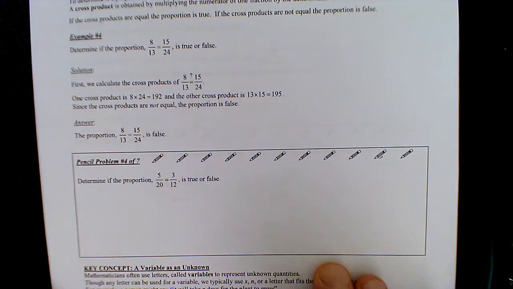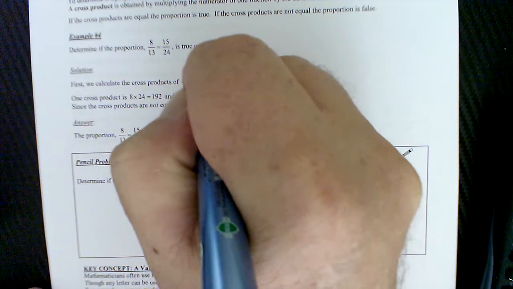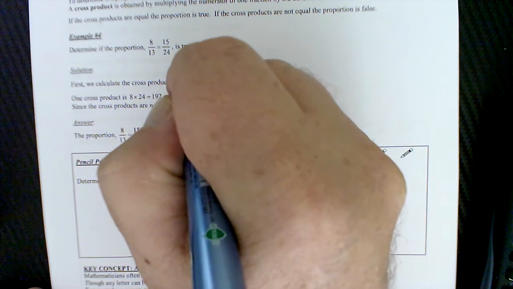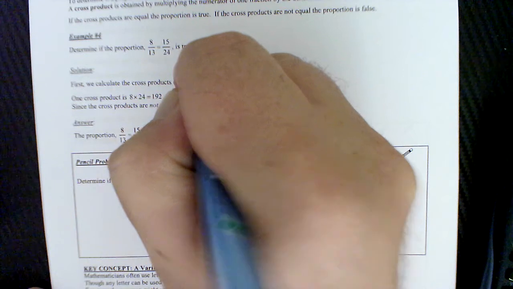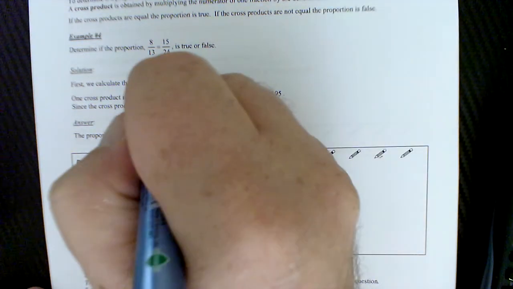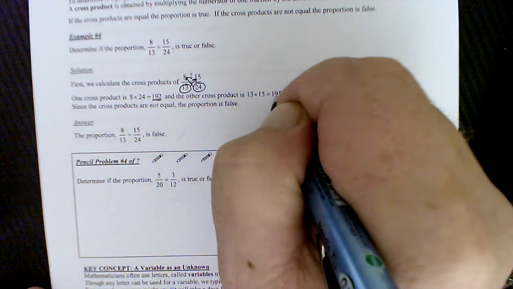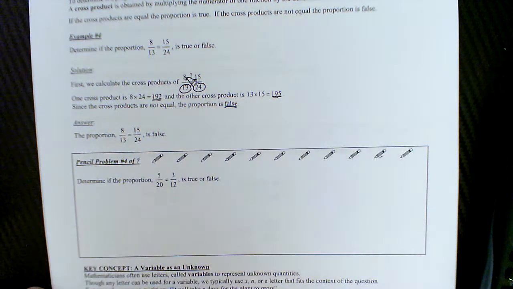Cross products: take the denominator of the second, crossed over the equals, multiplied by the numerator of the first, and the denominator of the first, crossed over, multiplied by the numerator of the second. And you can see we did that here. Here are our two cross products. If they are not equal, this proportion is false.